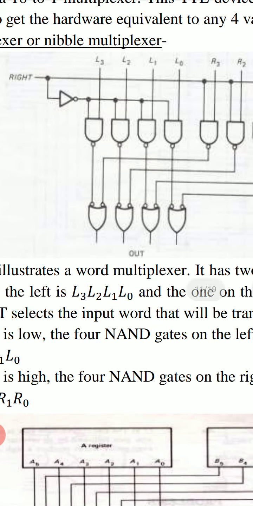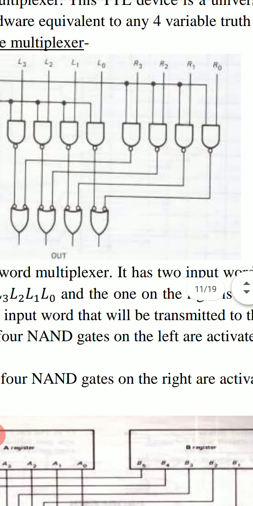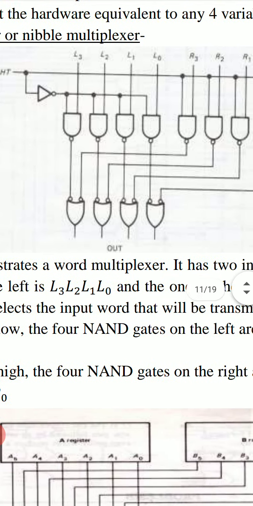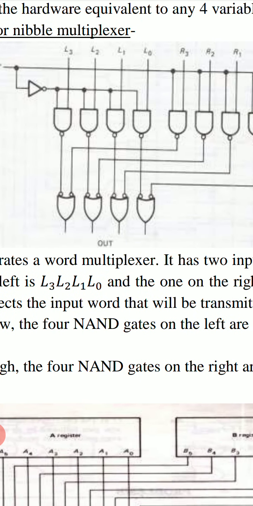This control signal write is connected to the 4 NAND gates at the right side, and this inverted write control bit, followed by the NOT gate, is connected to the 4 NAND gates at the left.